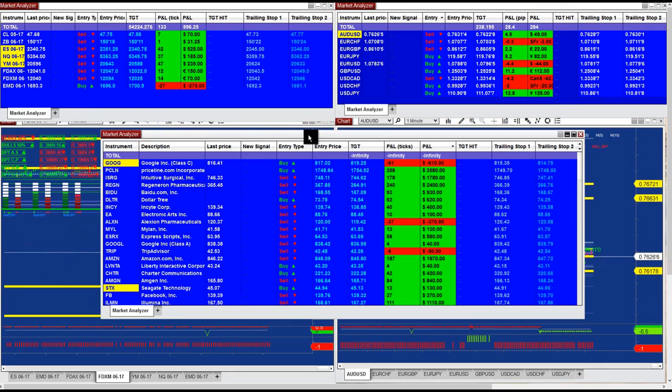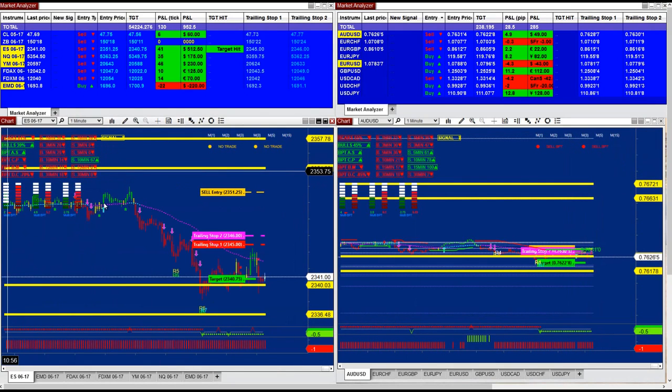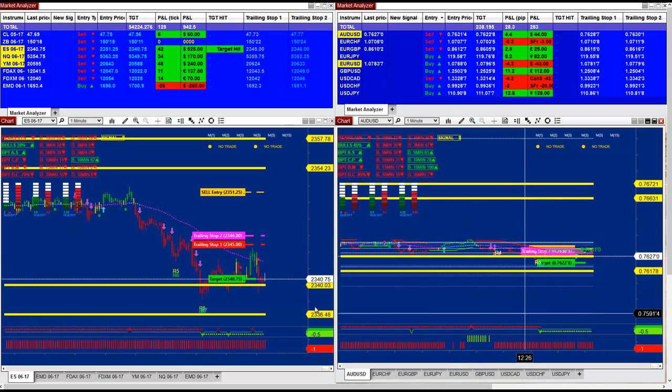But on the next generation auto trade, you can use the ones on the ES.